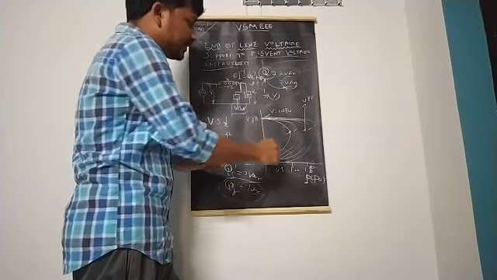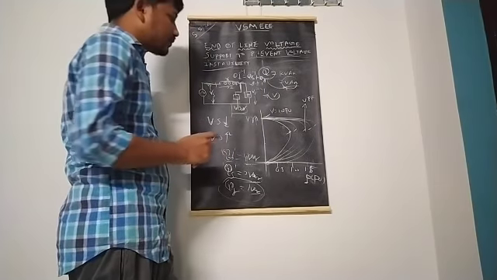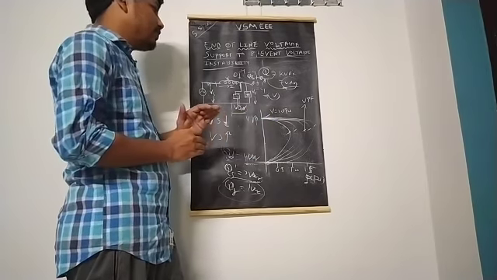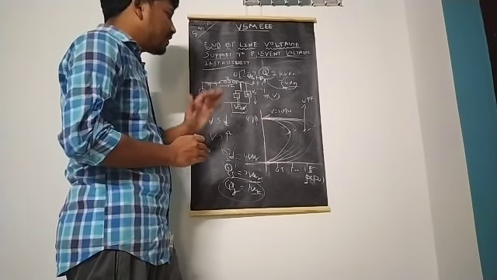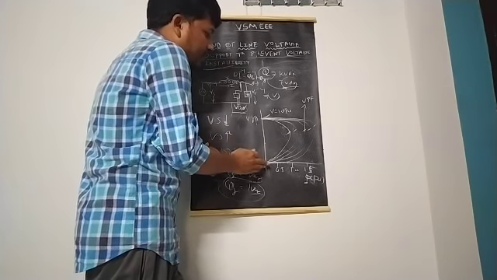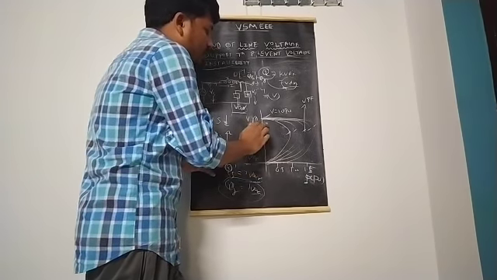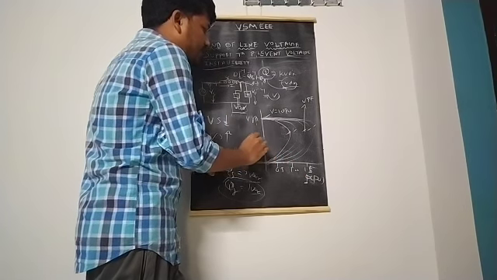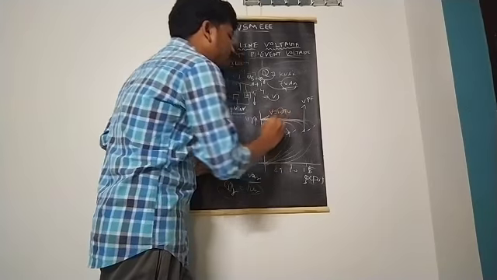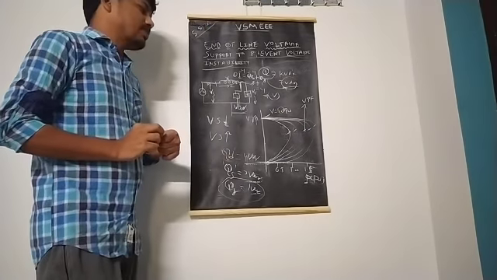But in this diagram, you can observe that the curve shape is similar to the uncompensated case, but with compensation devices, while increasing the load, the voltage is not decreasing at a faster rate. It maintains a constant voltage of 1.0 per unit. That is the importance of compensation.